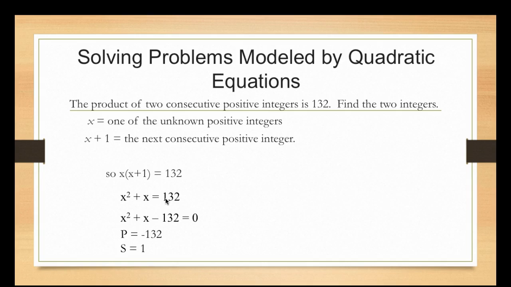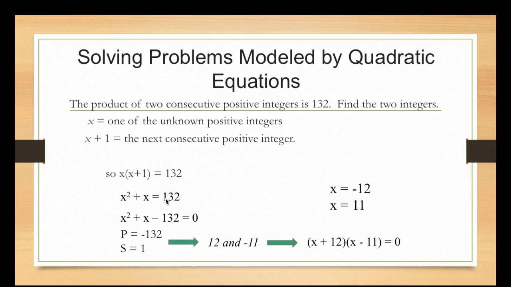So what could you multiply together to get negative 132 and add together to get 1? 12 and negative 11. So our factors are x plus 12 times x minus 11.